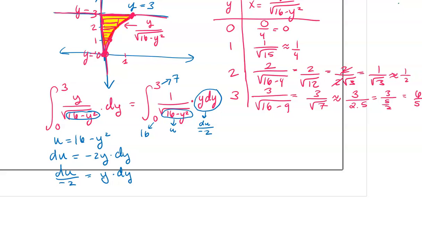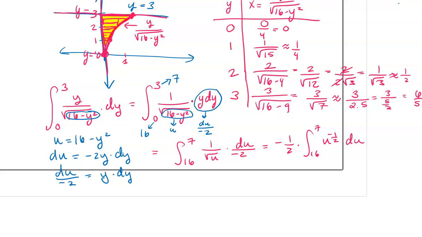Okay, so I am going to now integrate from 16 to 7 of 1 over rad u times du over negative 2. So that would become negative 1/2 integral 16 to 7 of u to the negative 1/2, because that was in the denominator, times du.